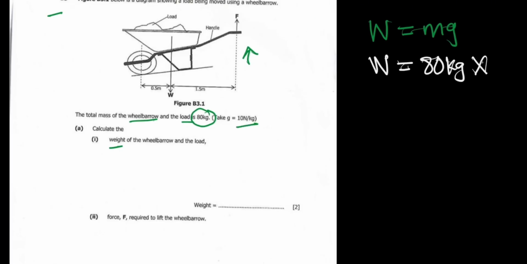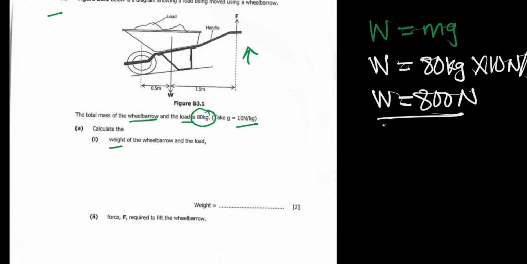So weight is going to be equal to 80 kg times 10 newtons per kg, which is going to give us 800 newtons. So that is our weight. That is the weight that we can find for the wheelbarrow. So the weight here is actually 800 newtons.